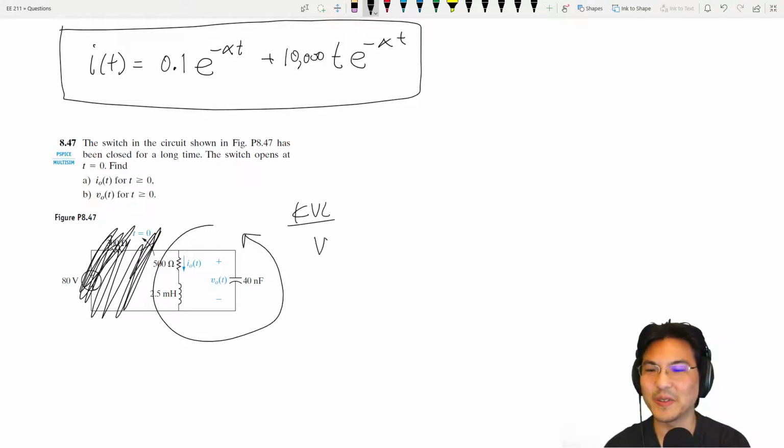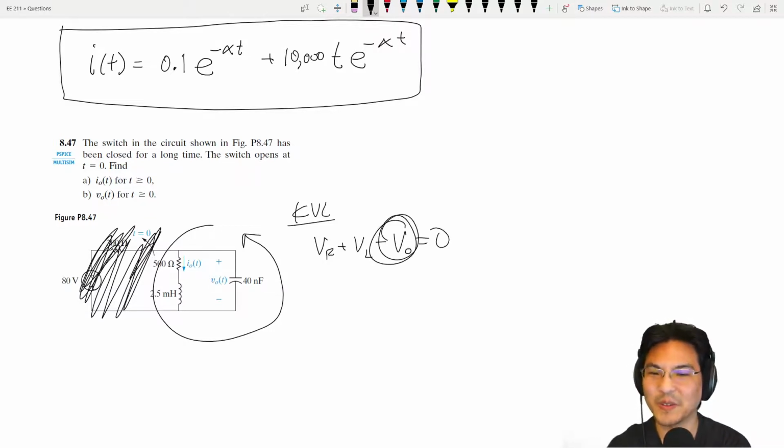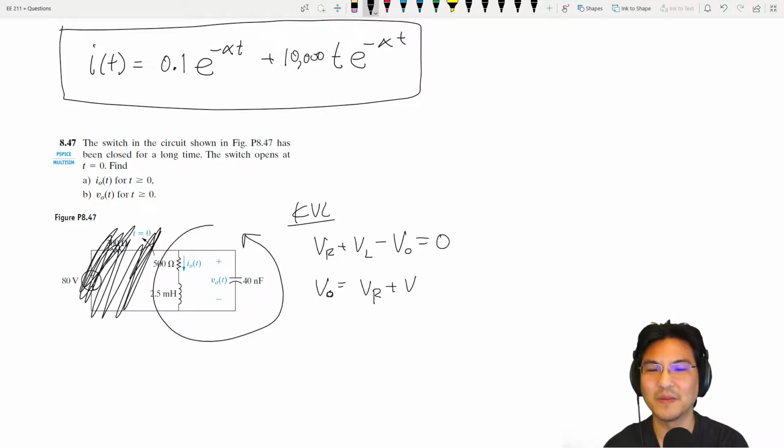So we got the voltage for the resistor plus the voltage for the inductor plus, well, the way this is labeled, that's going the other way, so I'll just call that minus VO, which is what we're trying to solve for, equals 0. All right, so VO is what we're looking for, is VR plus VL.